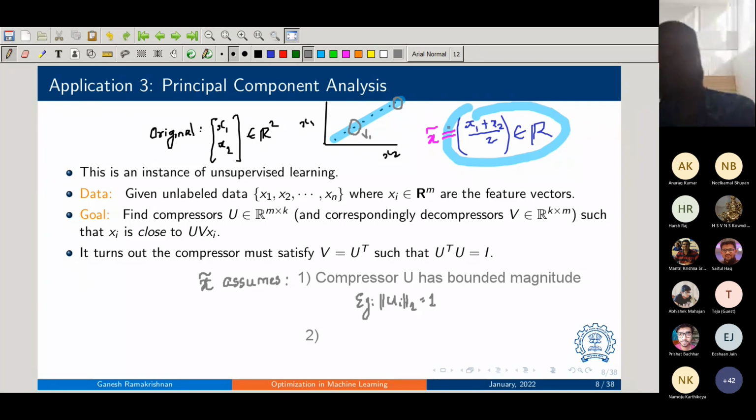So if two points, v1 and v2, are uncorrelated, then after transformation also they should remain uncorrelated.